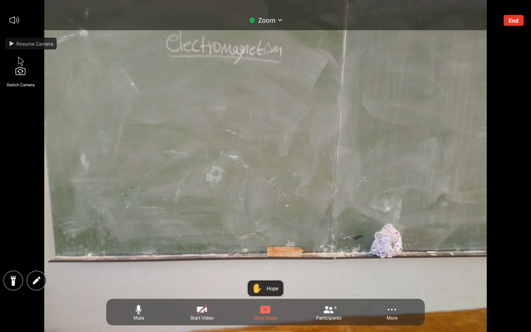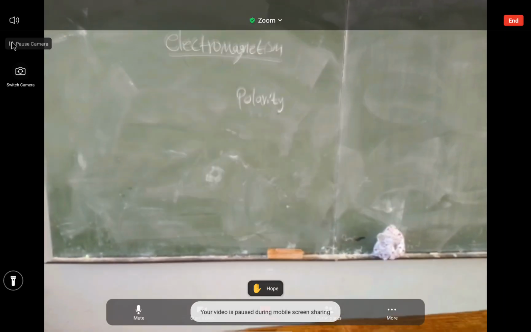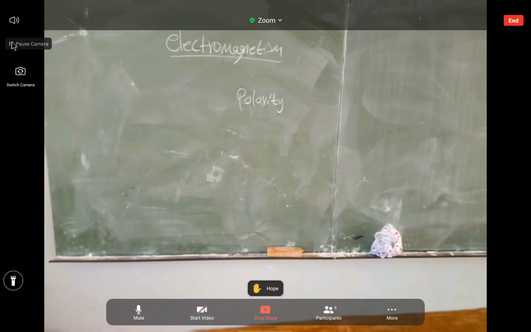So, if you're being asked the polarity of the end of a magnet, what we are simply asking you is: is the pole a north or a south?